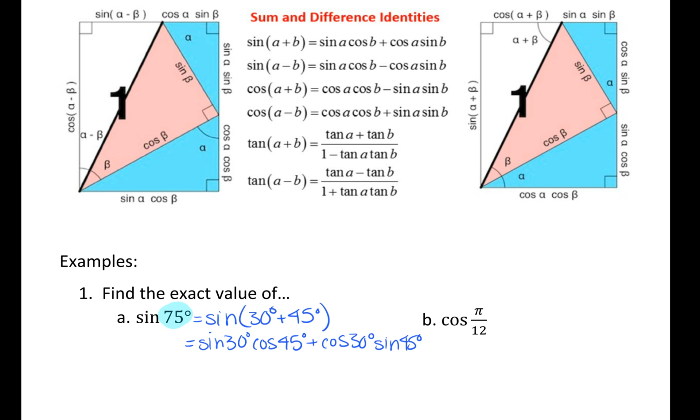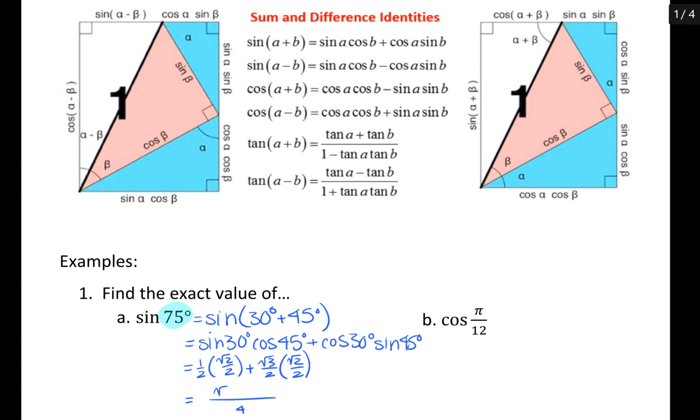So evaluating then, the sine of 30 degrees is 1/2. The cosine of 45, square root of 2 over 2. And then plus the cosine of 30 degrees, square root of 3 over 2. And then the sine of 45 degrees, square root of 2 over 2. And they both have a common denominator of 4, so I'm going to put them together as 1.